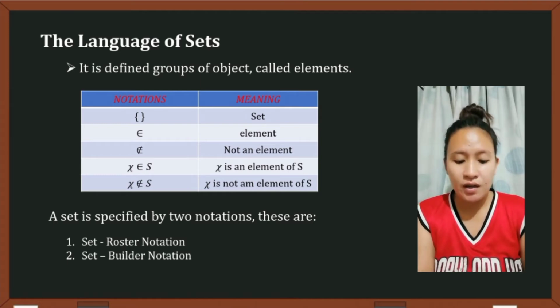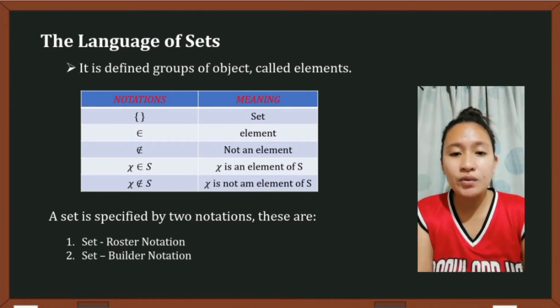These are the set roster notation and then the set builder notation.